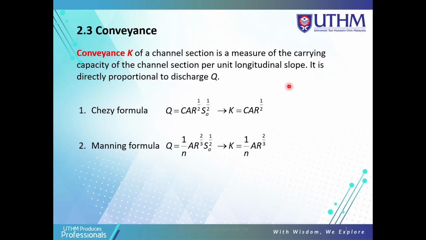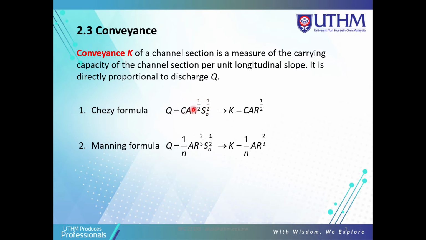It is directly proportional to discharge Q. We know the Chezy formula, where we use the Chezy coefficient C to get Q equal to C times A times R power of 1 over 2 and S naught power of 1 over 2. So Q is equal to AV, where V is C root R S naught.